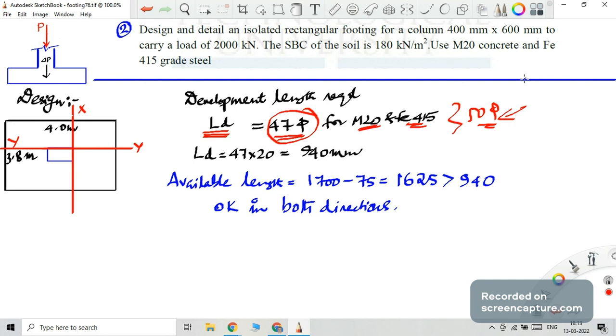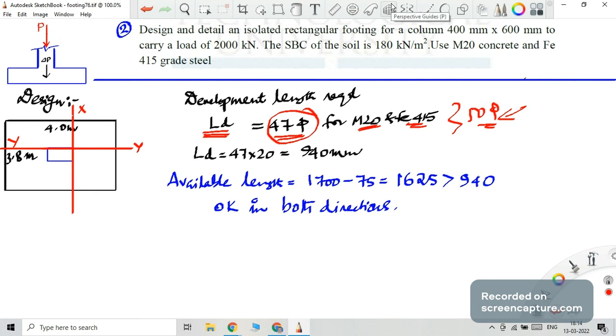That is 8 plus LD. That is, lap length also shall be LD. So 8 meter, don't cut it, 12 meter bar plus 8 plus LD.